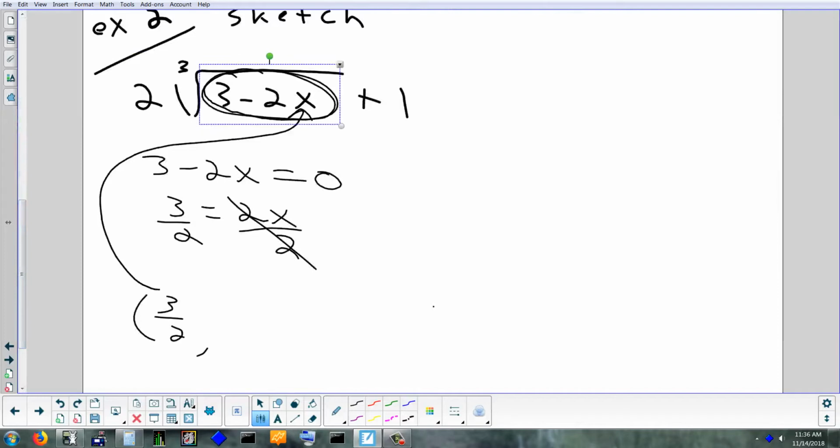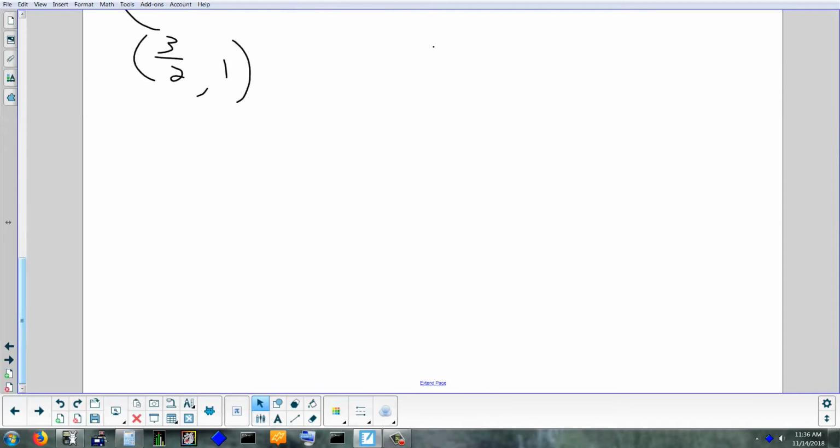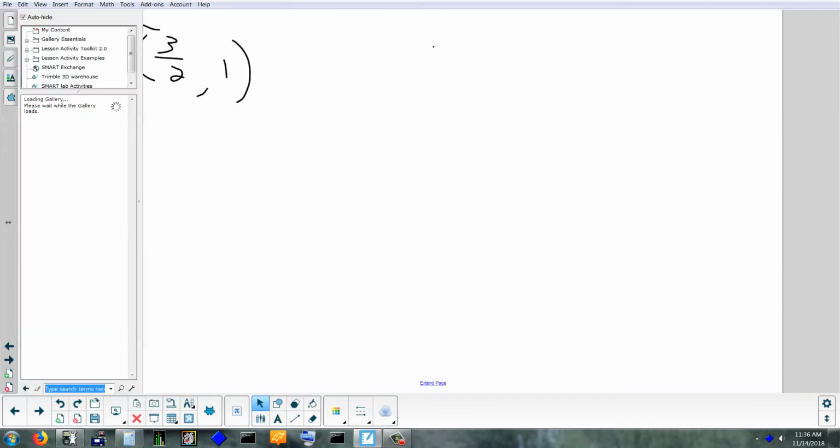What's the cube root of 0? 0. And what's 0 times 2? 0. So the only part that really matters, that's why I said you'd probably see a shortcut eventually, is that plus or minus number. That's your y value. So when I graph this, there's my center point. 3/2, 1. Okay, so let me get a piece of graph paper.